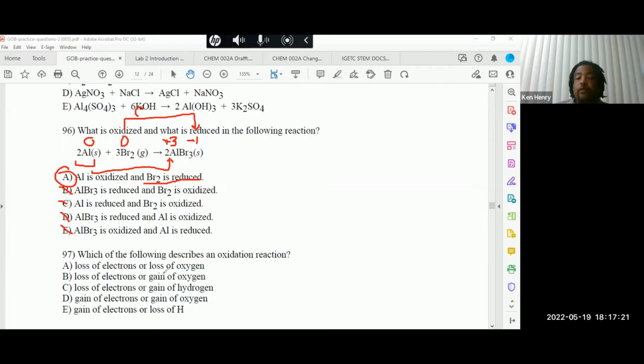Okay, now the next question: which of the following describes the oxidation reaction? When it's oxidized, you lose electrons. So we know it's either A, B, or C, and we can get rid of D and E. So what else?